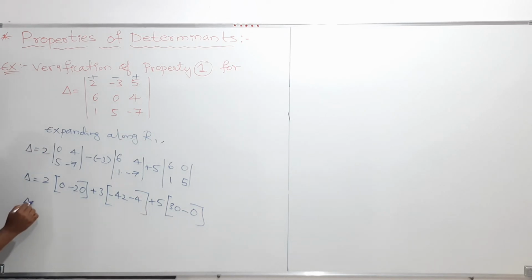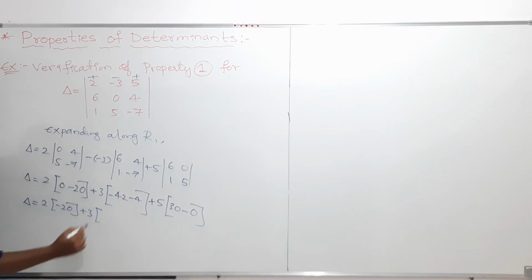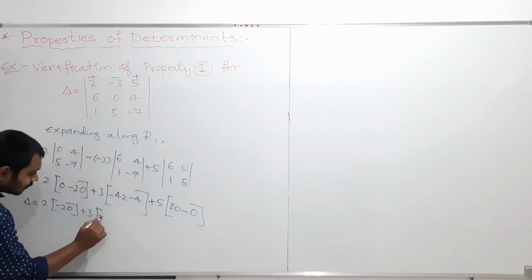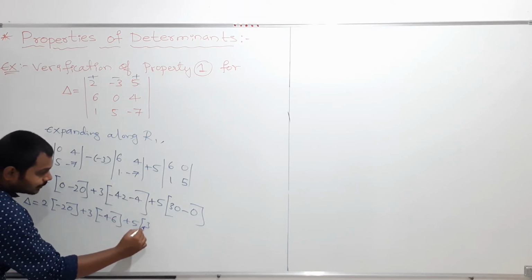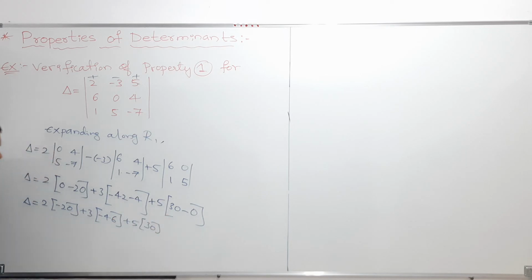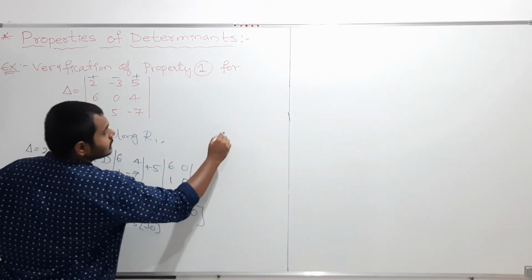Further simplify this. This is 0 minus 20, which is minus 20, plus 3 into minus 42 minus 4, which is minus 46, plus 5 into 30 minus 0, which is 30. Further simplify this. Here it is minus 40, 2 into 20 is 40, plus minus 46 into 3.